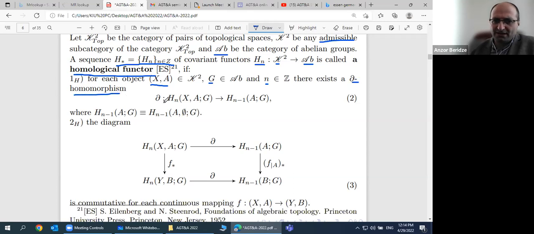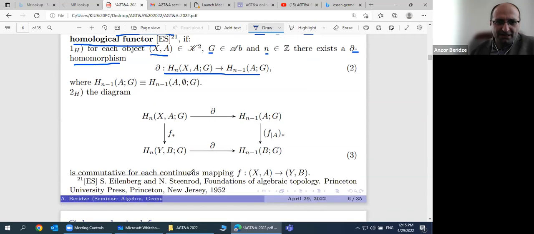It is called the connecting homomorphism, which decreases the dimension of these homology groups. And if we have a continuous map from one pair to another, then we have an induced homomorphism, of course, and the induced homomorphism and this delta homomorphism give a commutative diagram.